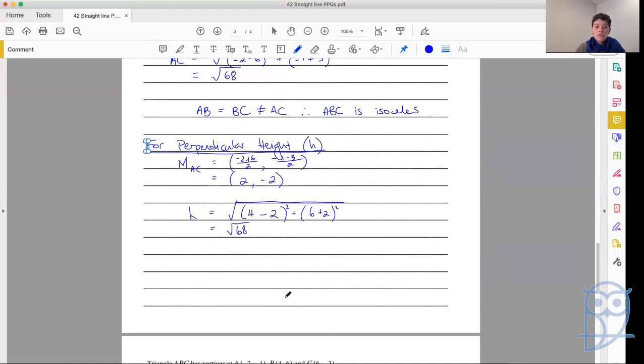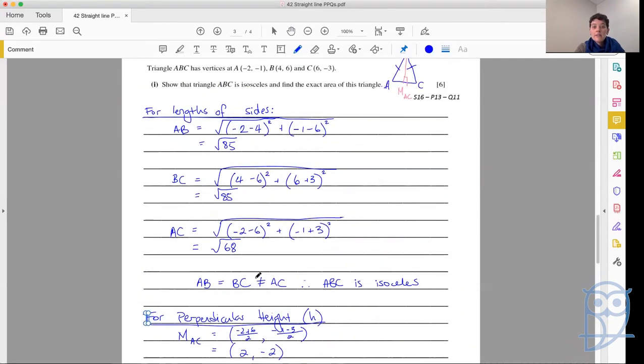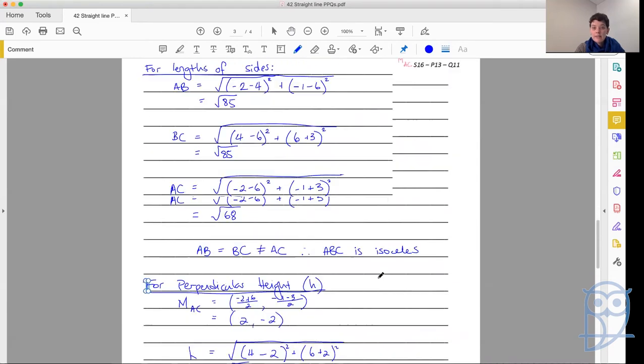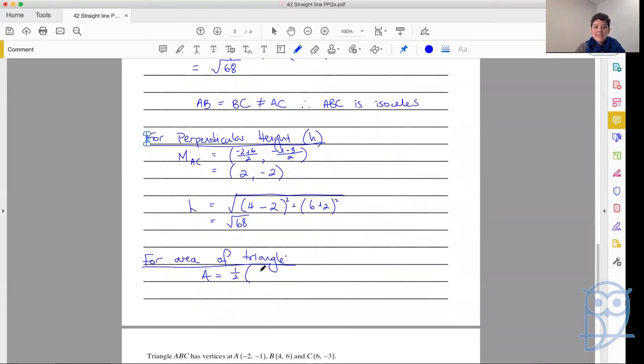So we can then go to, for area of triangle, we know that area equals 1/2. Our base is AC, and AC is the square root of 68.